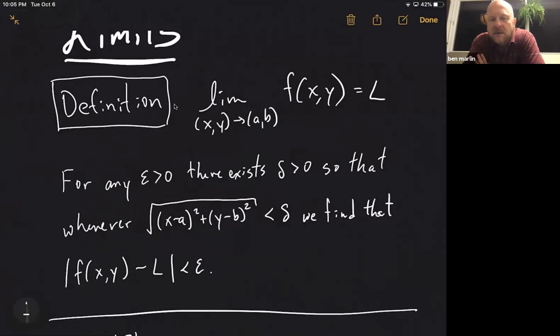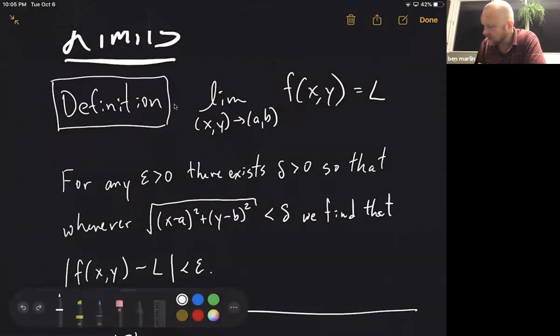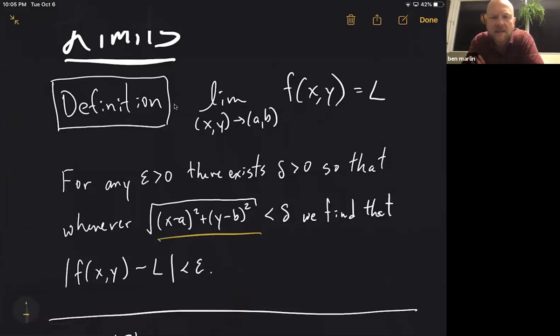If the limit as (x,y) goes to (a,b) of f(x,y) equals L, that means that if you've got any positive number epsilon, you can choose a positive number delta so that whenever this square root down here, that distance, is less than the delta, we find that the absolute value, the difference between your function value and your limit, is less than the epsilon you wanted.